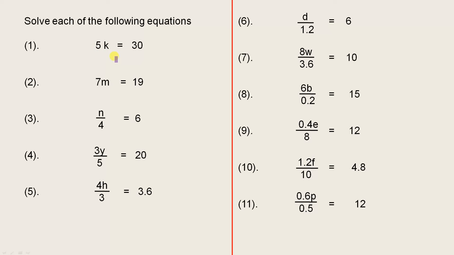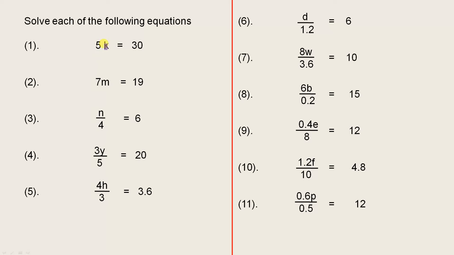Now we explained in the video that when we're solving equations, we want to have the pronumeral by itself on the left-hand side. At the moment, the pronumeral is multiplied by the 5. The way to, if you like, remove that 5 is this.